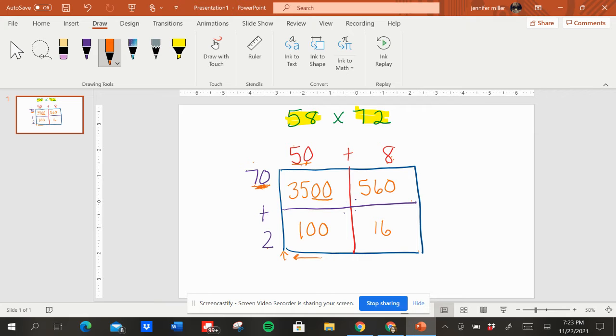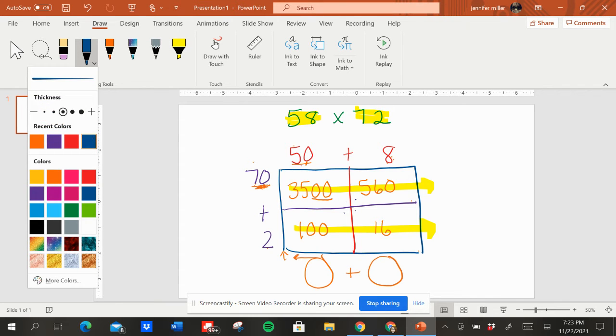Now, at this point, remember, if it's easier for you to add columns, you can do that and then add those partial products. I'm going to go across, though. I tend to go this way. Do what works for you. I'm going to look at 3,500 plus 500. I know that's 4,000, and then I have the 60 left over.